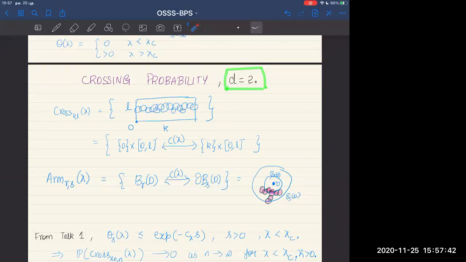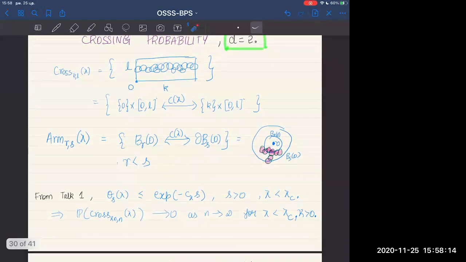The arm event is that I take a ball of radius R at the origin, and I want a path from inside the ball going to a bigger ball of radius S, with R less than S. That is a crossing across the annulus. You can think of the arm event as a crossing across an annulus. I need a path like this, or something like this. This is the arm event for me. From the first result of exponential decay, one can actually show the probability of crossing.